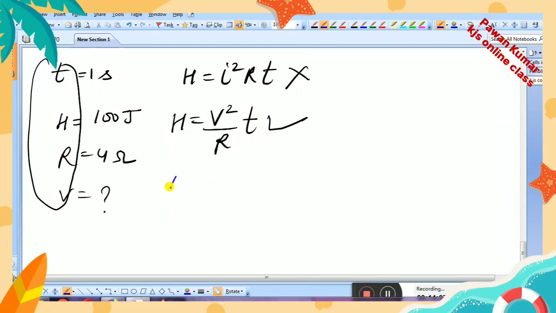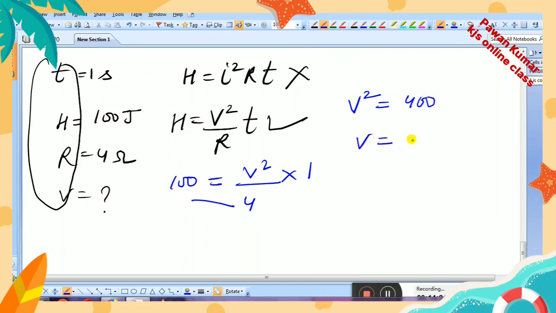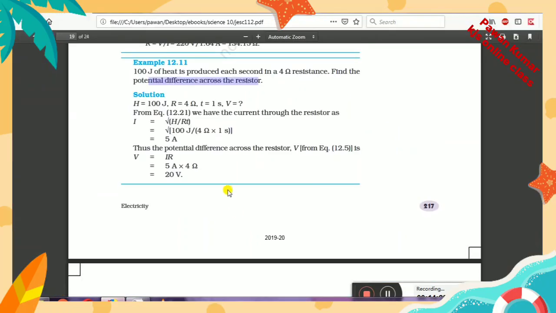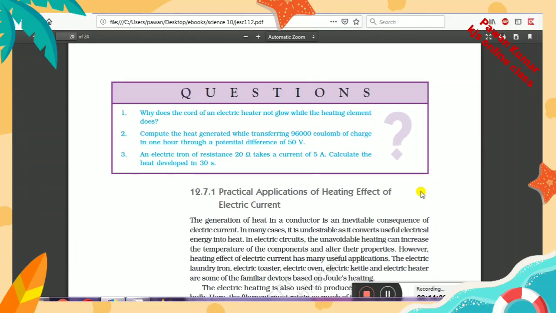So when you put values, what will you get? 100, V we have to find out, R is 4, time is 1. When you cross multiply, V square will be 400. That means V will be equal to 20 volt. Let us check the answer. You are getting the same answer. After this you have the exercise.